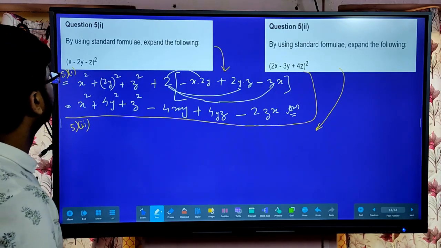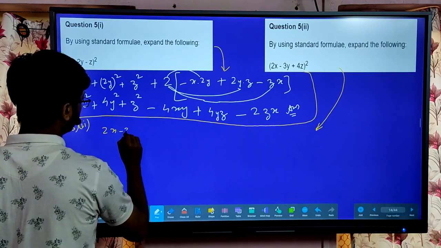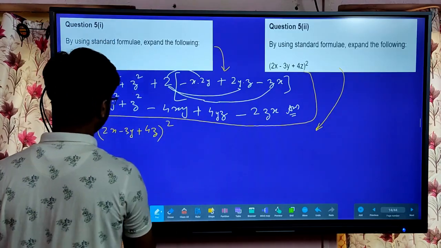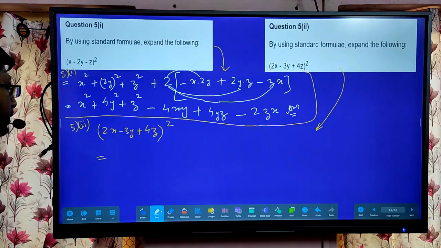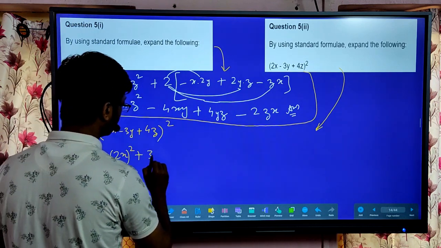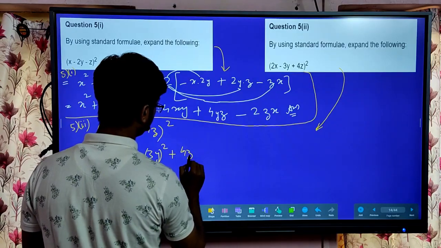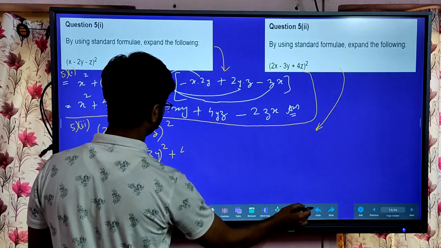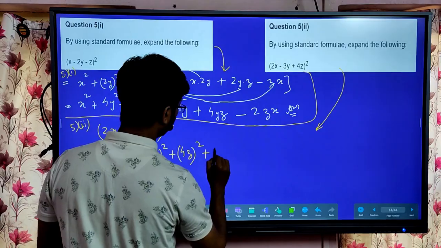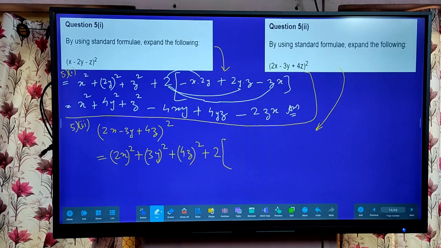Question number 5 part 2. 2x minus 3y plus 4z whole square. So it will be a square, b square, c square. So 2x square plus 3y square plus 4z square, plus 2 next it will be AB, BC, CA.